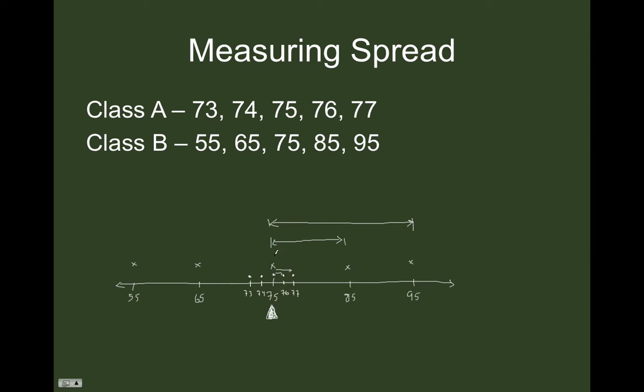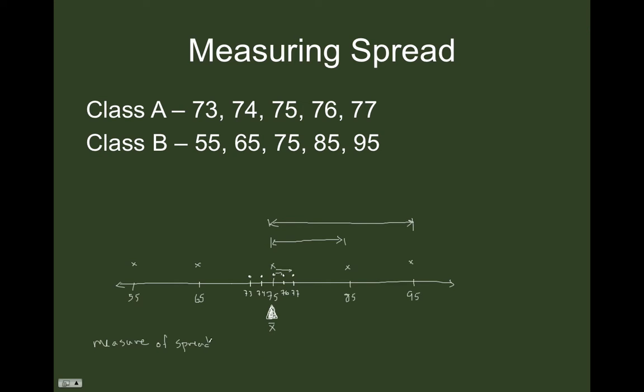But clearly the scores for Class B are more spread out. So what we need is a way of measuring spread. Now, 75 is the sample mean for both data sets.